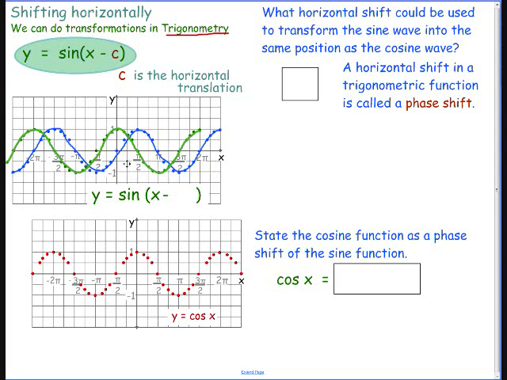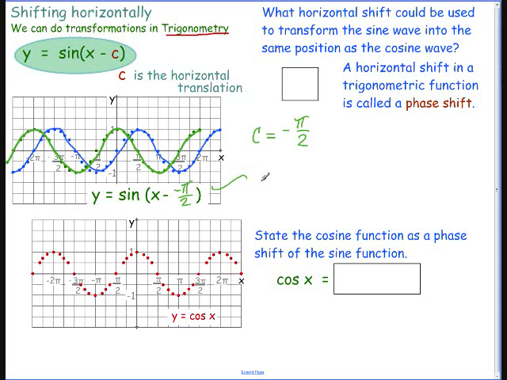I moved it 90 degrees, didn't I? This point here is now over here. So I have a C which is equal to minus pi over 2. So that's minus a negative pi over 2.